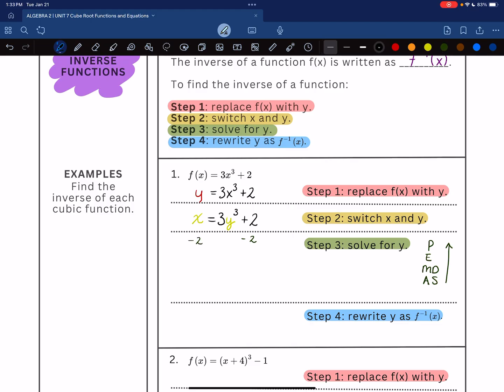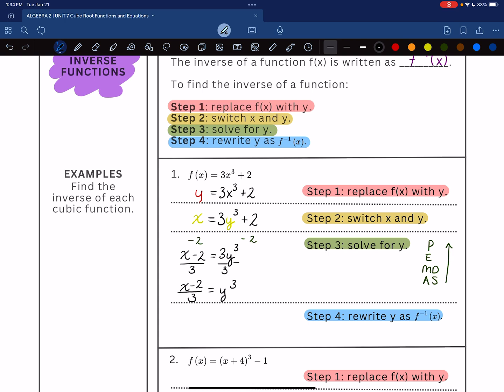That's going to give us x minus 2 equals 3y cubed. Then we want to undo any multiplication or division, which we do have. We have 3 multiplying with our y cubed. So we're going to divide each side by 3. And that gives us x minus 2 over 3 equals y cubed.